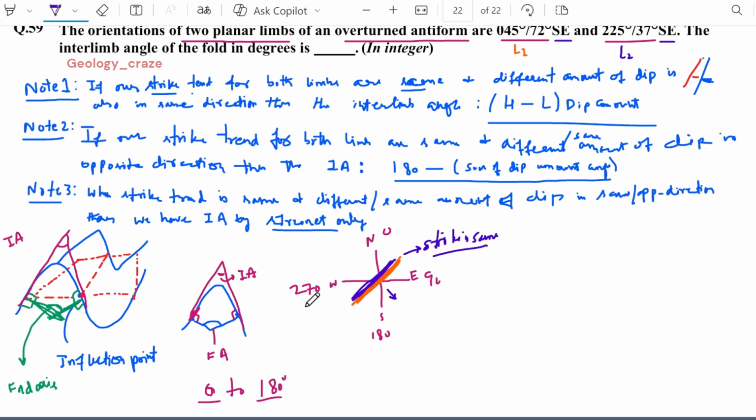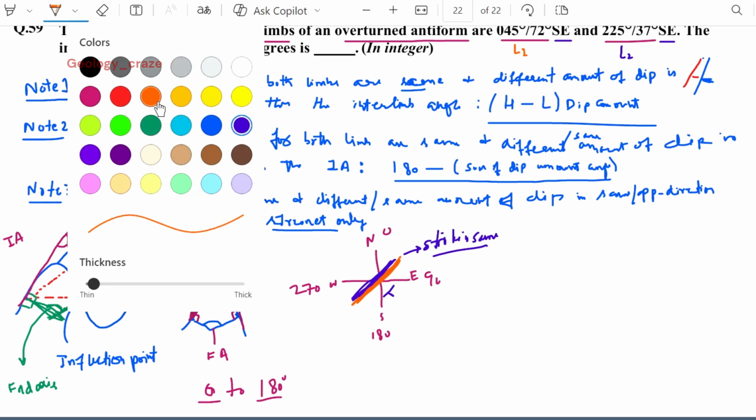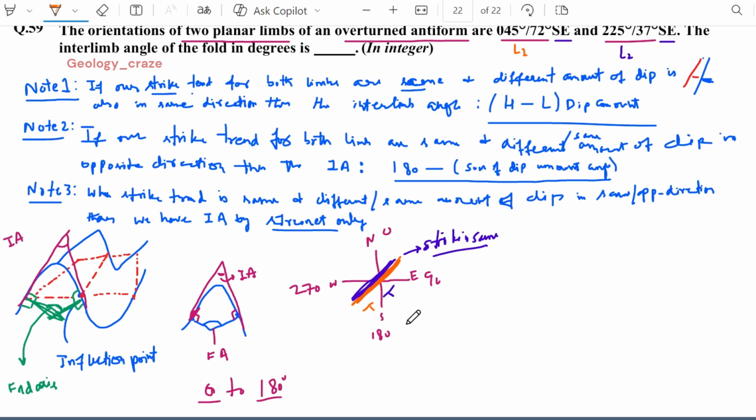For this one also, like this. We'll measure with this symbol. I will draw the symbol itself. This is the strike symbol, and this symbol is for bedding. In a similar way, for this purple one also the same trend, southeast.